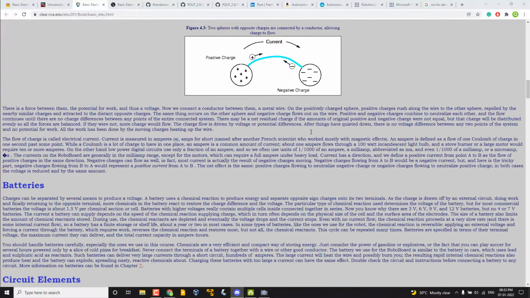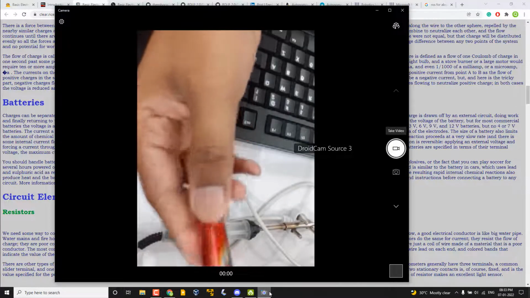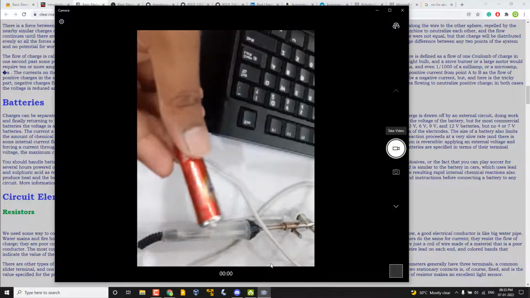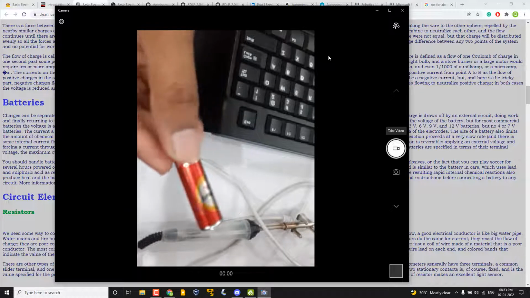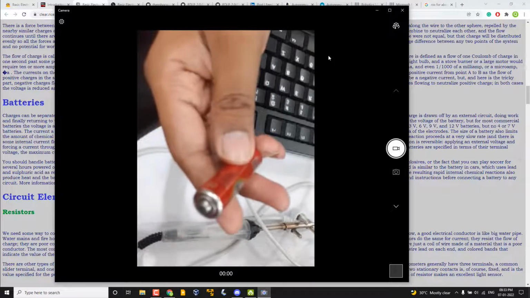Okay, and then we know the batteries. Batteries are the source of voltage and current. For example, for this battery, you will get 1.5 volt.